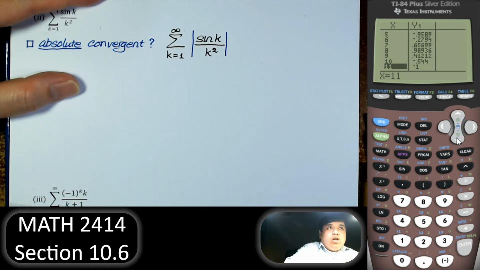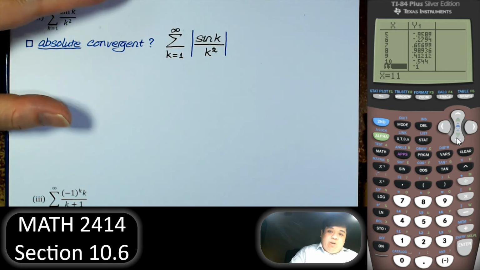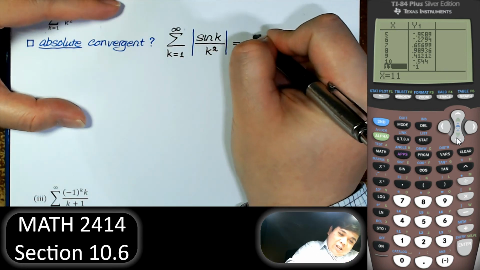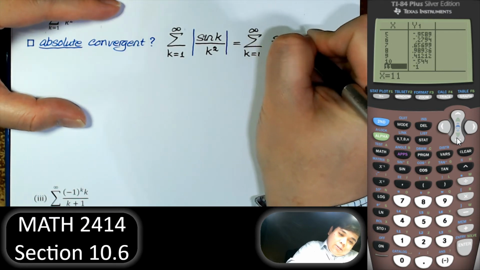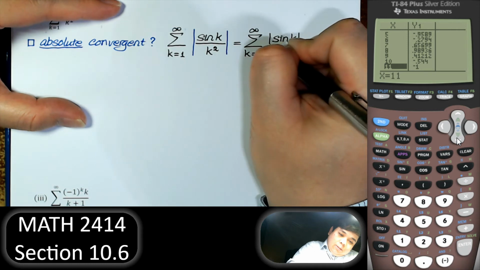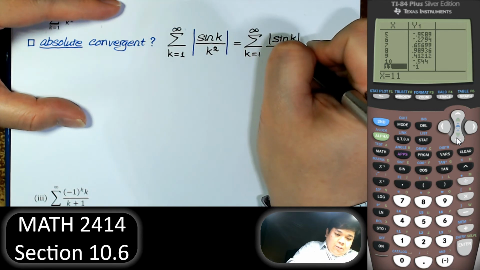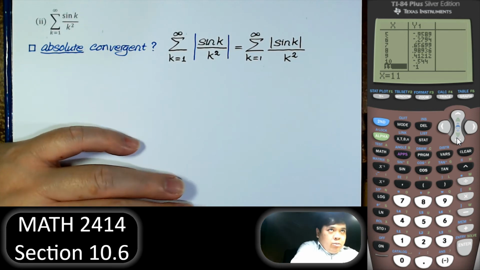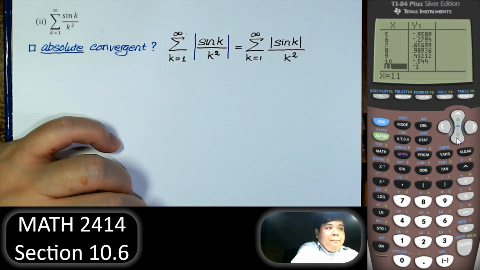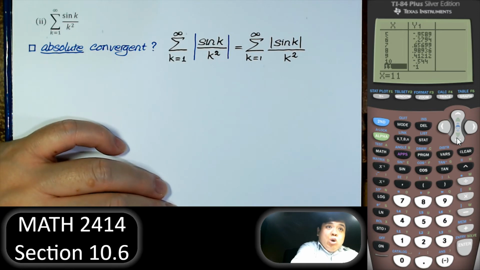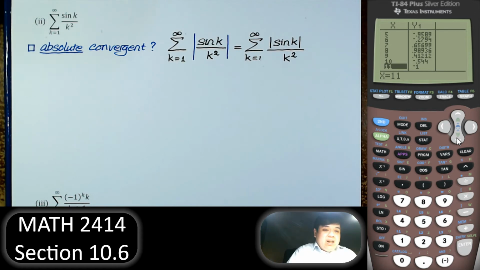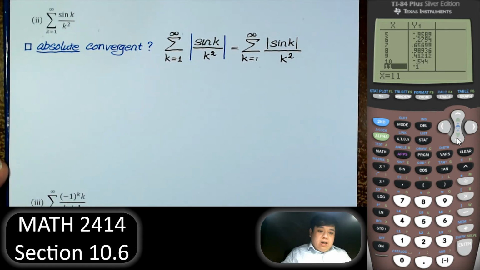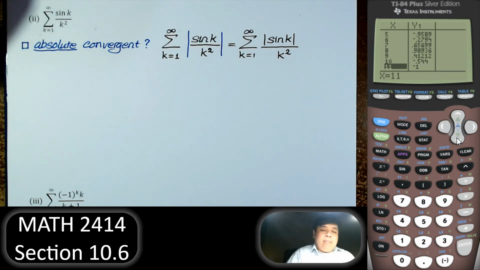By the way, k squared is positive, so the absolute values are actually only needed for the sine of k. Right, so how do we do this? By the way, I mentioned before that the direct comparison test is not very good, but in this case that's what we have to use. Or the limit comparison test certainly works also.